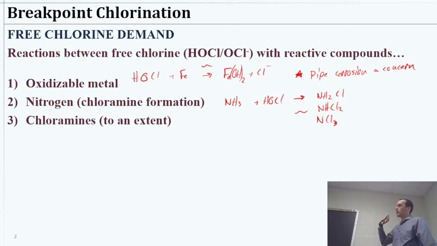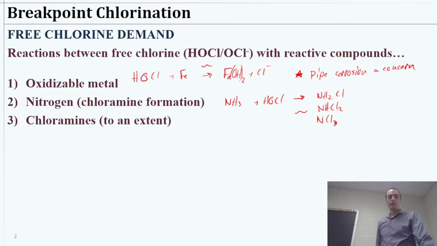And so that's also demanding some chlorine. And as we see, even these chloramines can, in a way, demand more chlorine. And so having nitrogen in our system is going to be a source of chlorine demand that we have to overcome before we are getting a steady response to, okay, we add a little bit of chlorine, we get that same amount of free chlorine ready and available. Because really a lot of what we're talking about here with this, what we call breakpoint chlorination, is we want to know at what point can we add a milligram per liter and we get a milligram per liter.